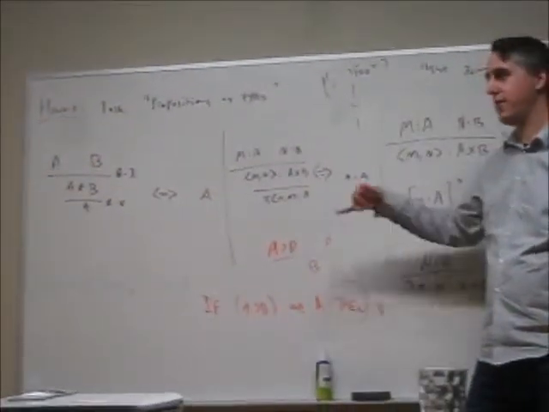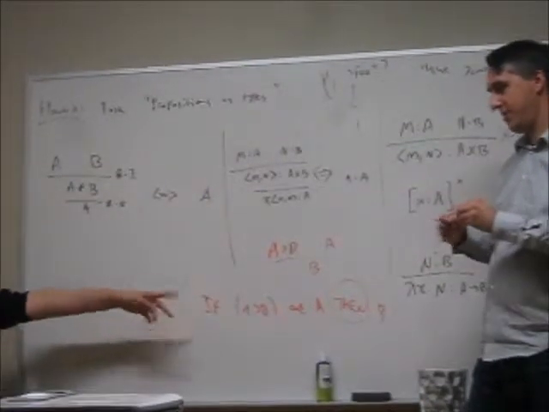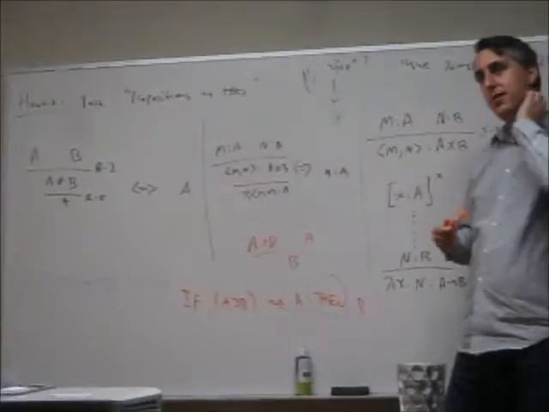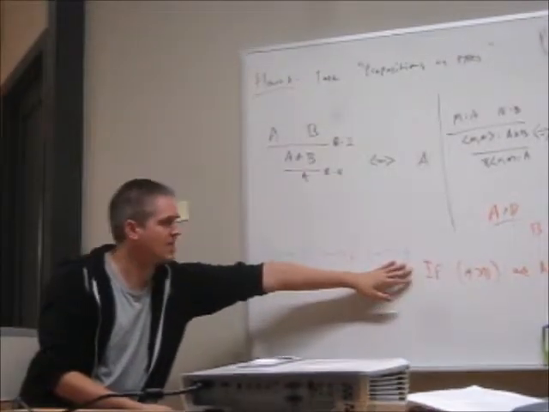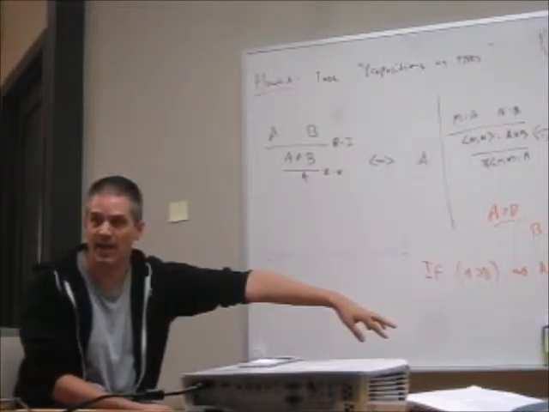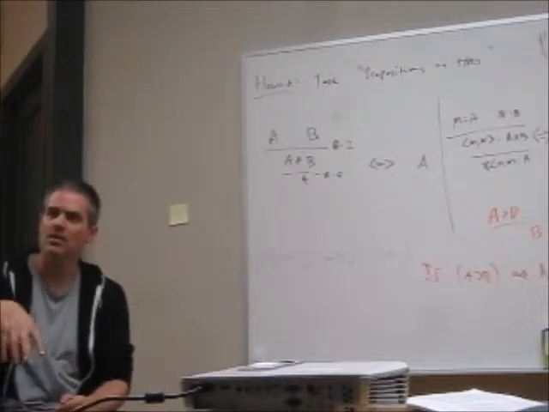This I accept. This is absolutely true. I have no problem with this. I accept this. I still don't understand how you get B out of all this stuff. And you say, okay, well, if you accept this, and you accept that I've proven A implies B and A, then you have to accept B. I say, oh, okay, I accept that. But how do you get B?